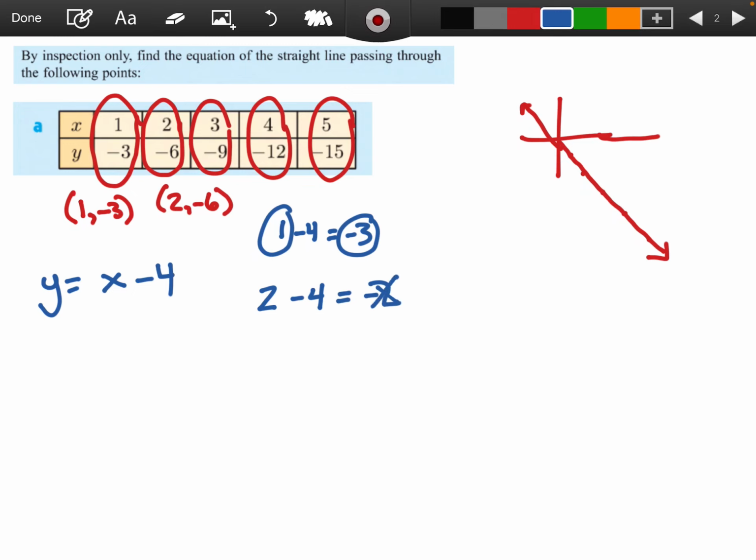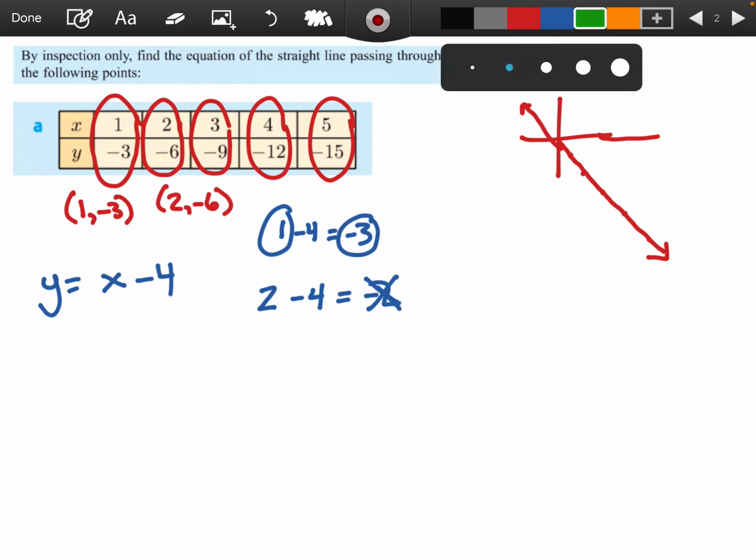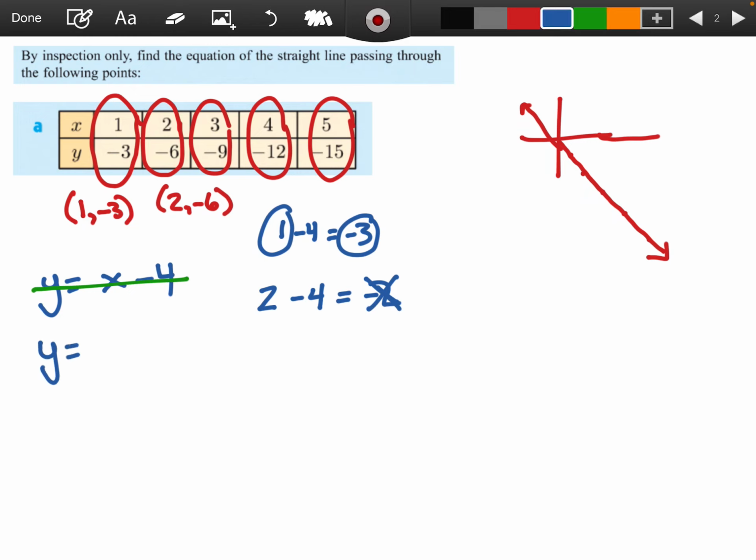I should be getting -6. So then I know that this one is not right. That will work for the first point, but it won't work for any of the other points. So I need the one equation that's going to work for every single point.